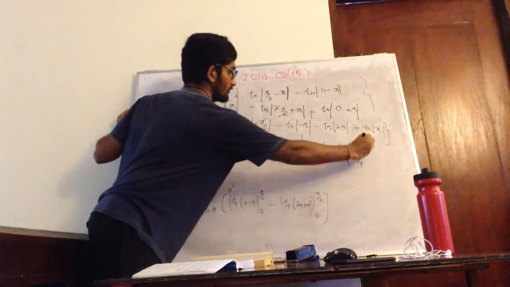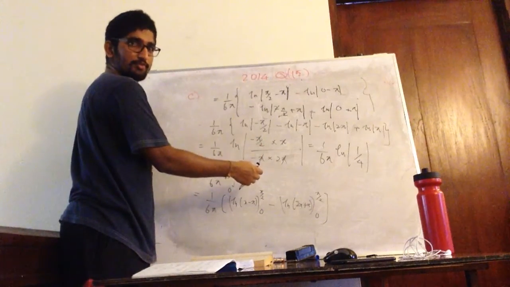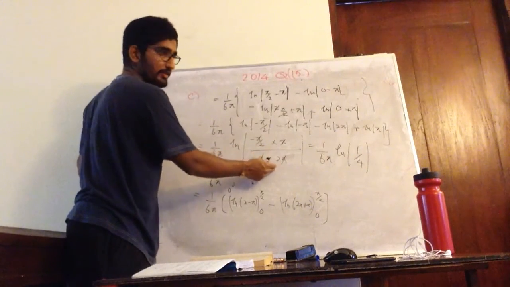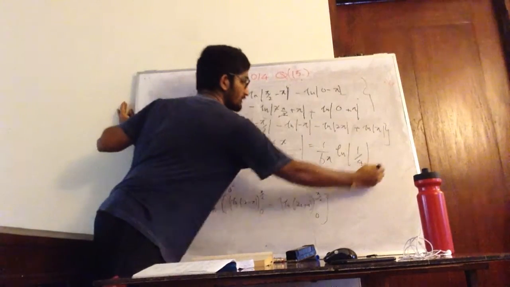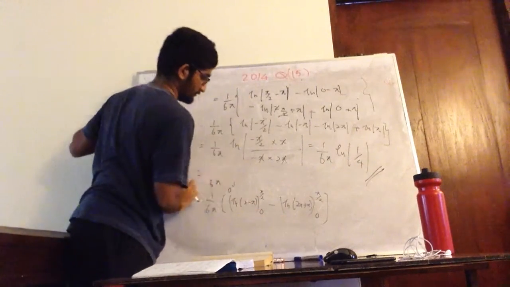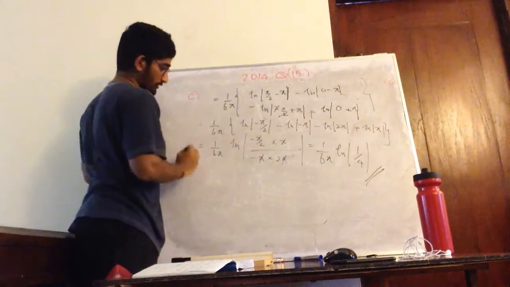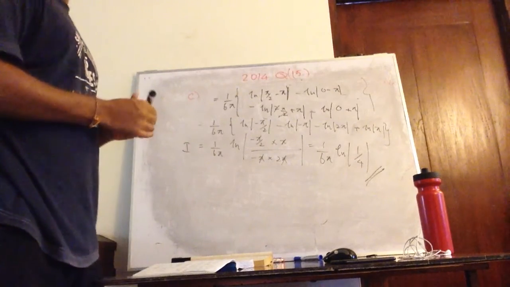So only these two remain: half and half over 2. So you get this, and that is the answer they want. Exactly, that is the answer they want. So this is I, and that is basically it.